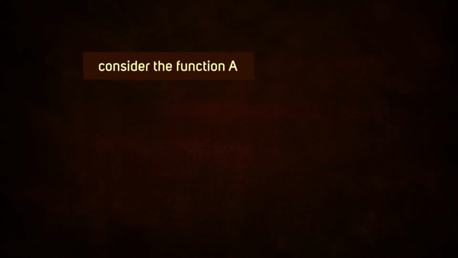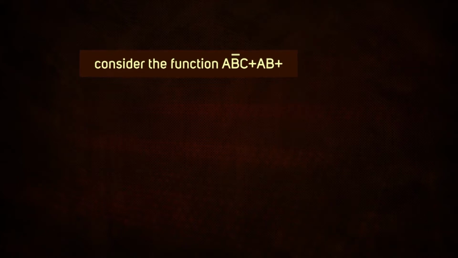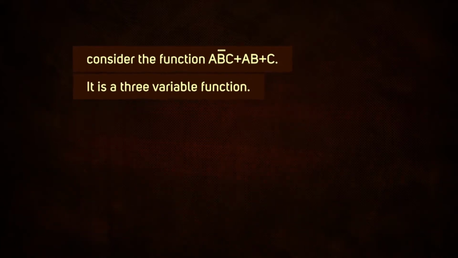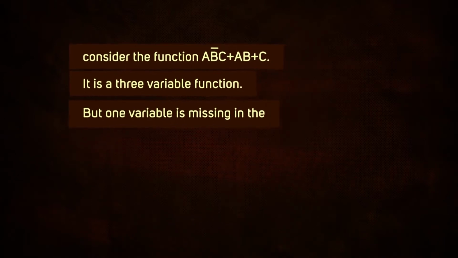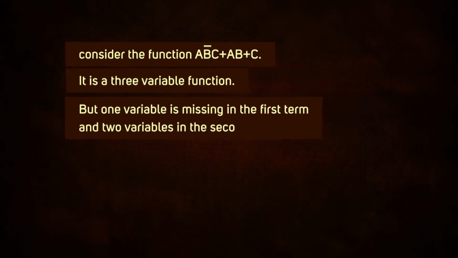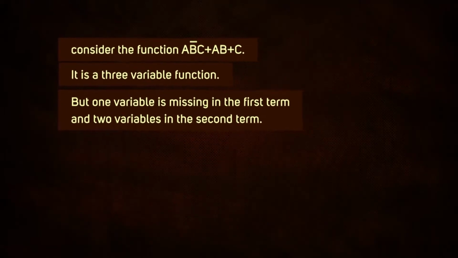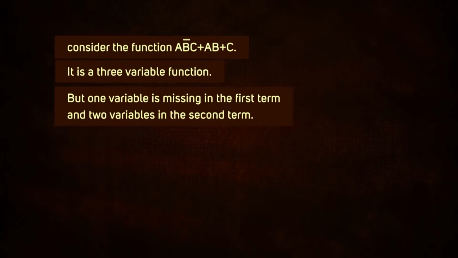If the expression is in non-standard form, we have to convert to standard form. To illustrate, consider the function A B complement C plus A B plus C. It is a 3-variable function, but 1 variable is missing in the first term and 2 variables in the second term. We have already discussed the conversion to standard form in one of the previous sessions.